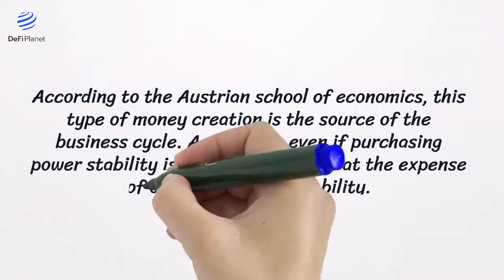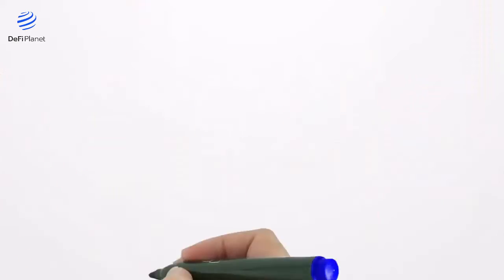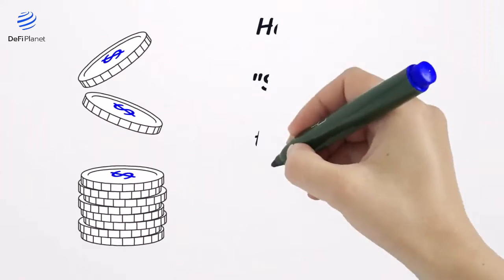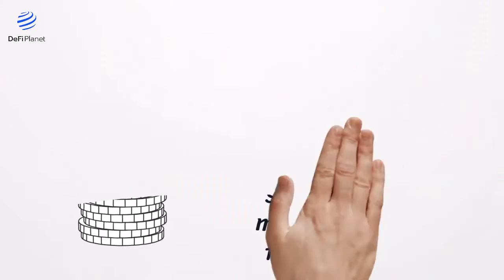According to the Austrian School of Economics, this type of money creation is the source of the business cycle. As a result, even if purchasing power stability is achieved, it will be at the expense of overall economic stability. Hence, in this video, we will examine stablecoins and the economy through two different lenses to see how stablecoins affect monetary policy and financial stability.